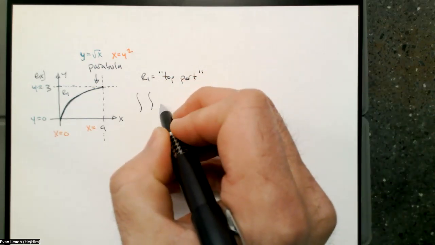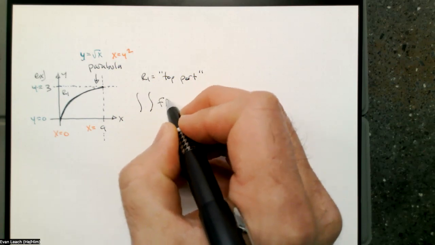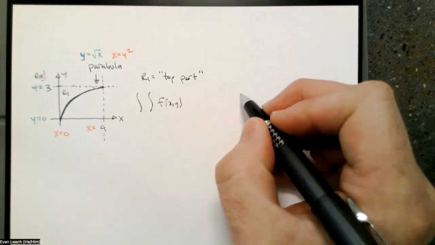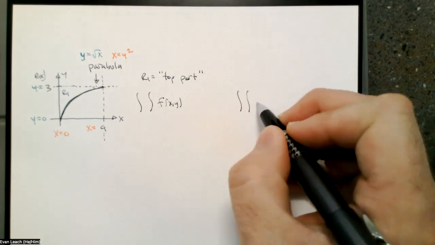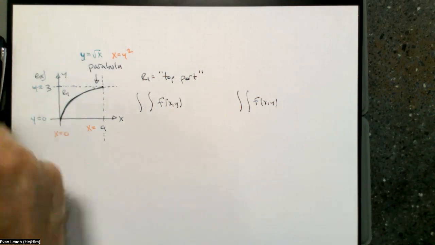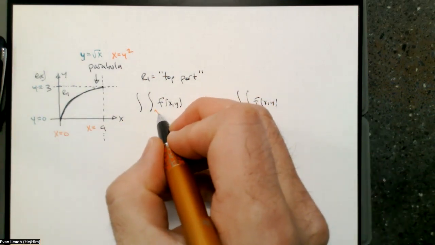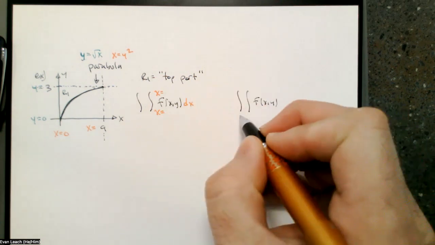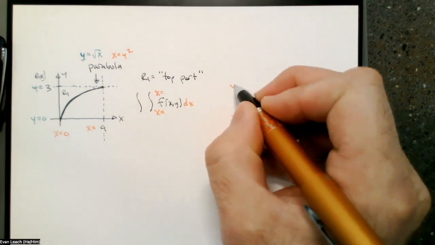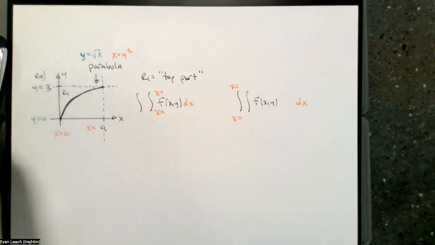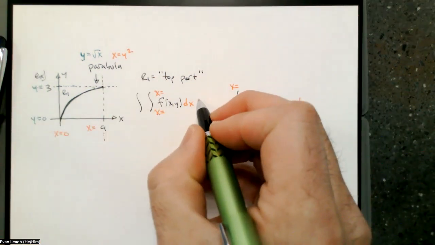We're going to make a double integral, f of x, y. The function is not relevant. We're still just describing the floor. It's going to be a dx dy, and then we're going to make a dy dx.